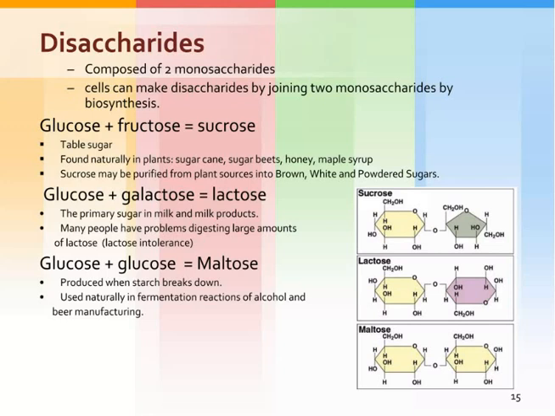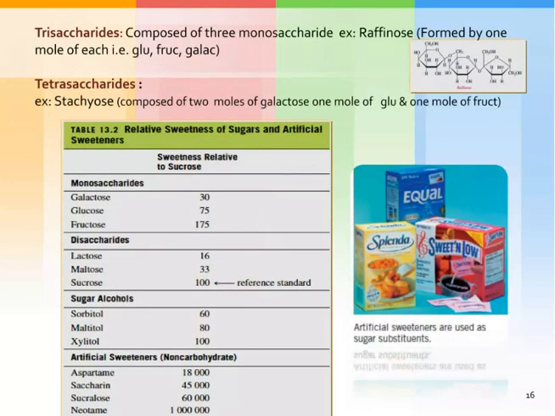Maltose is produced when starch breaks down, used naturally in the fermentation reaction of alcohol and beer manufacturing. So you can see sucrose, lactose and maltose structure. Now trisaccharide, a compound of three monosaccharides: raffinose, formed by 1 mole each of glucose, fructose and galactose. So tetrasaccharide: stachyose composed of 2 moles of galactose, 1 mole of glucose and 1 mole of fructose.